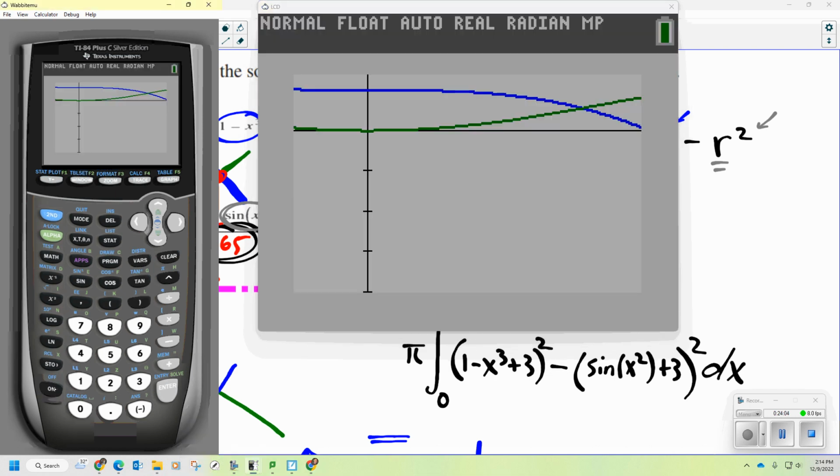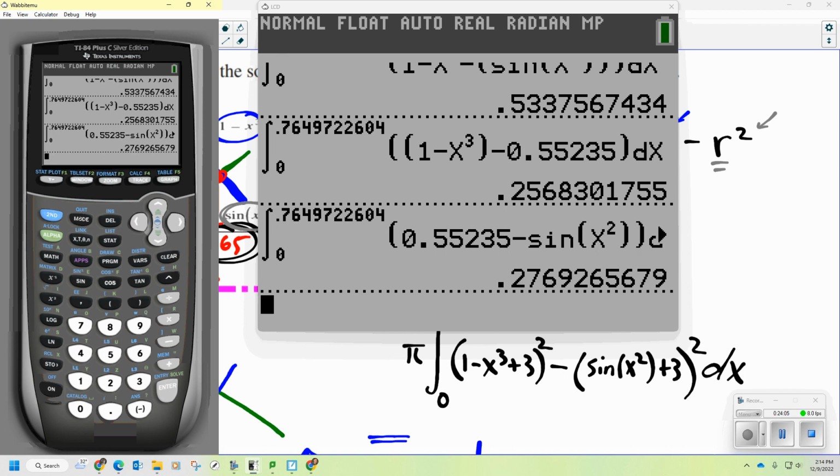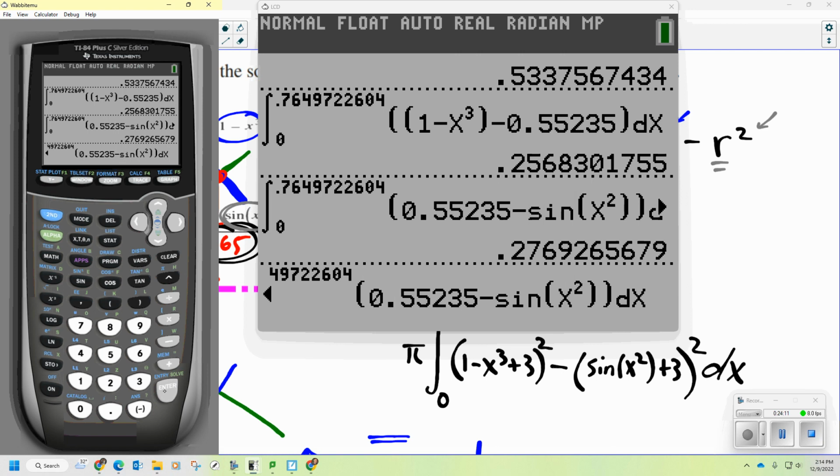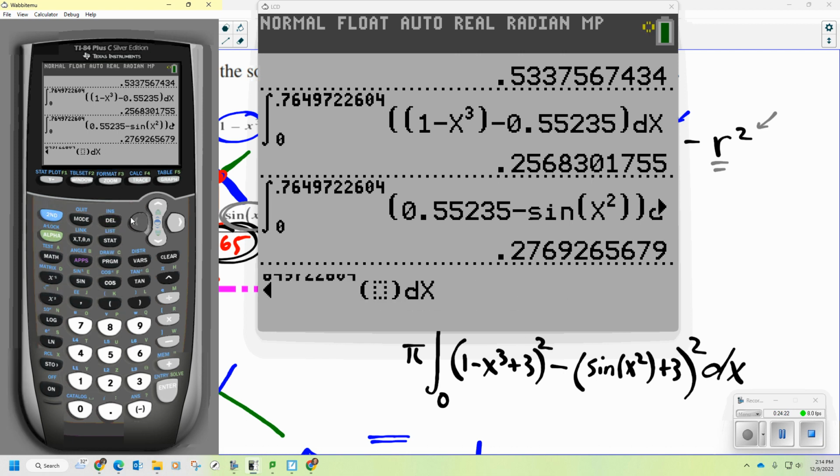On. Let's get out of here. I'm going to use this, because I don't feel like typing in that big, long decimal. I'm going to go all the way to the beginning of this, delete it all and type it anew. So I go back here. What I have right now is this. I got to put a pi in front of it.